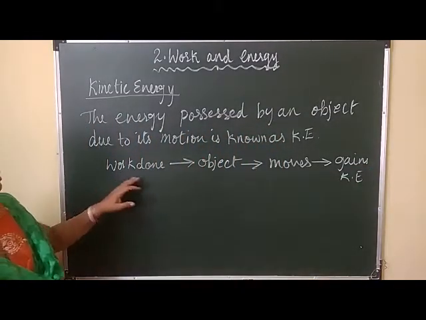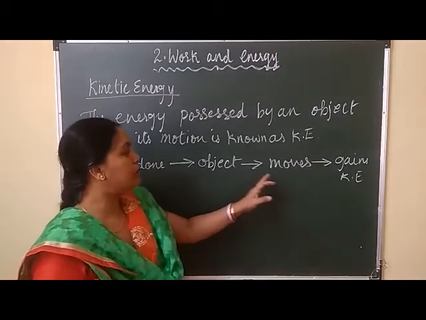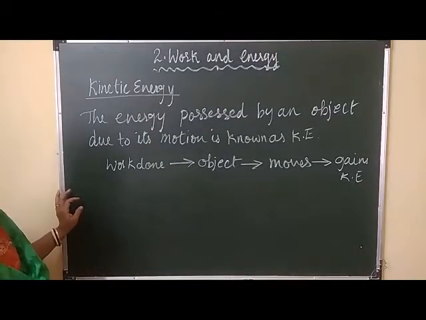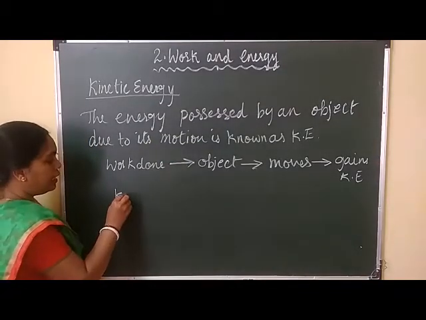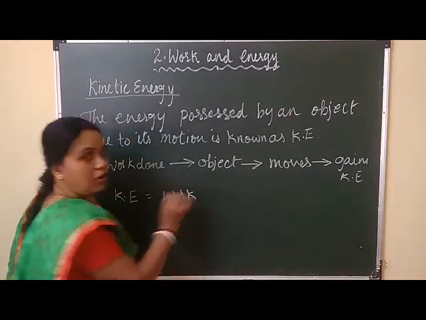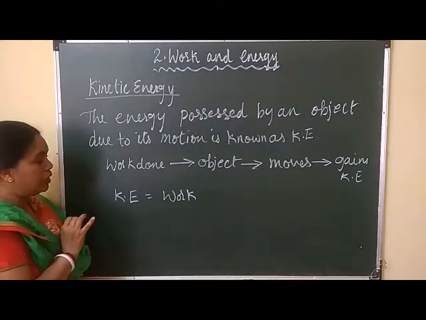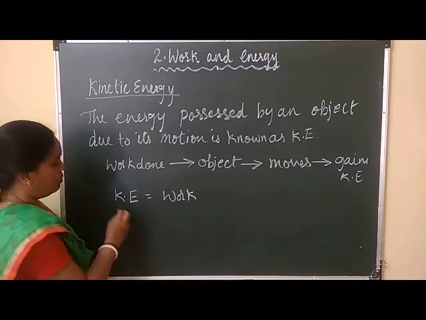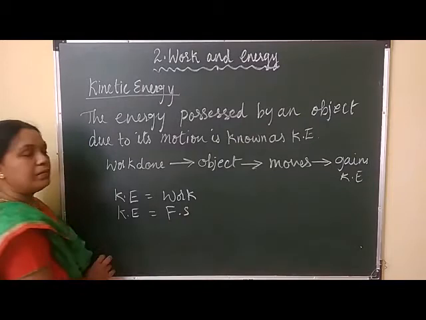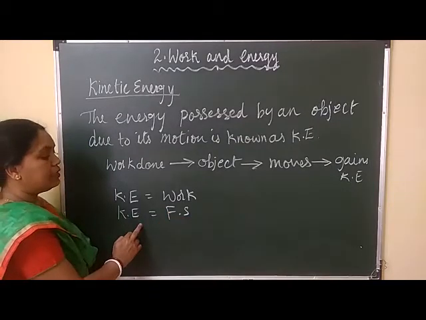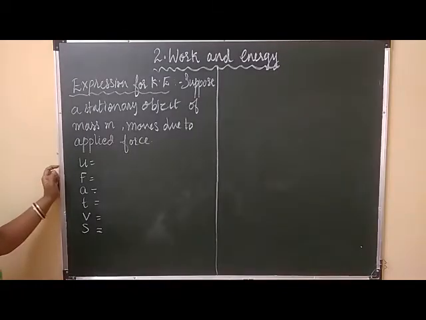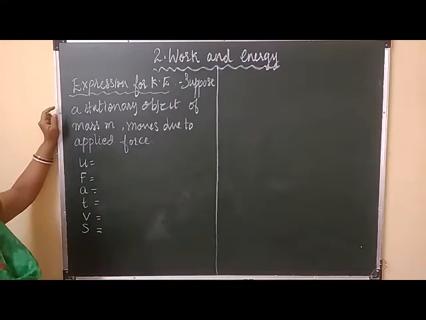Okay, so work done on an object when the stationary object moves, it gains kinetic energy. Now we can write kinetic energy is equal to work done on the object. So for this kinetic energy, we have the formula force into displacement for work, which means kinetic energy is also equal to force into displacement. Now you have to understand the expression for kinetic energy.